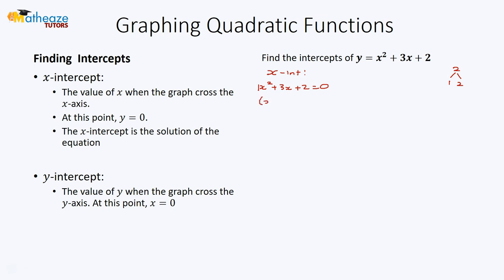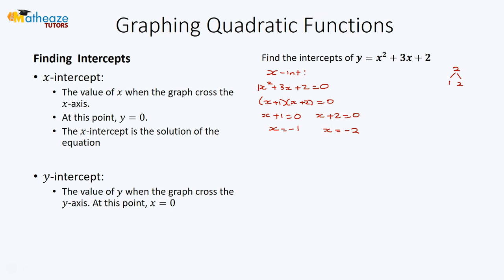So that's going to be x plus 1, then x plus 2 equals 0. When we have two expressions whose product equals 0, we take turns: x plus 1 equals 0, and x plus 2 equals 0. So here x equals -1, x equals -2.